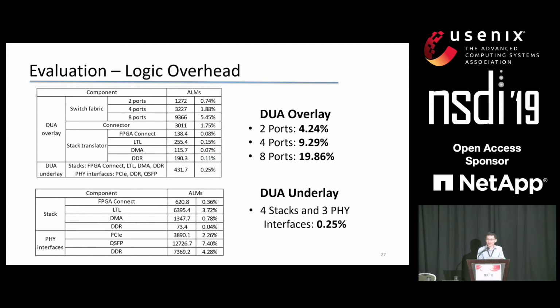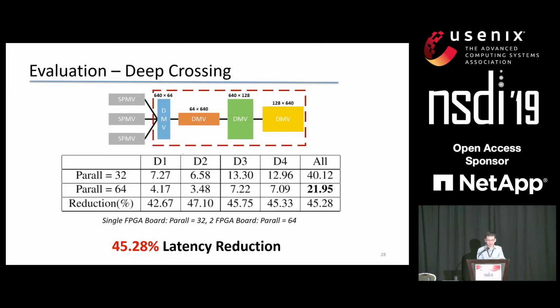Providing such low latency, DUA only introduces low FPGA logic overhead in our middle-end FPGA. A typical 4-port DUA implementation only consumes about 10% of FPGA logic resources. These numbers will be significantly reduced by 2 or 3 times on the next generation FPGA.